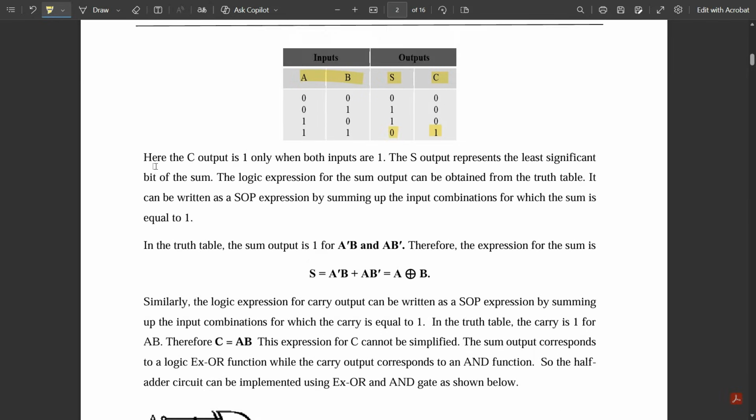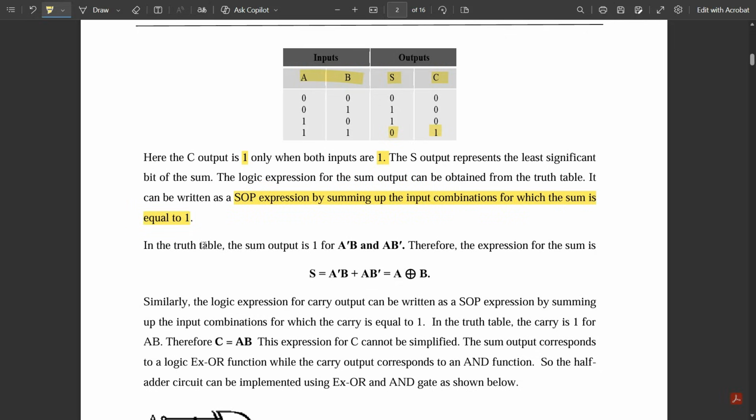Here the C output is 1 only when both the inputs are 1. You can remember it like this for a half adder truth table: the carry output is 1 only when both inputs are 1, and the S output represents the least significant bit of the sum. The logic expression for the sum output can be obtained from the truth table. It can be written as the SOP expression by summing up the input combinations for which the sum is equal to 1.